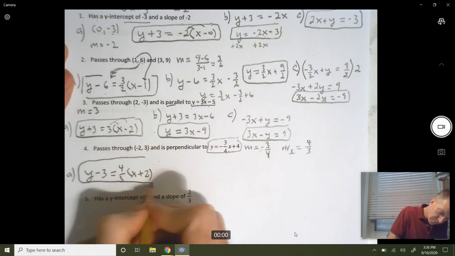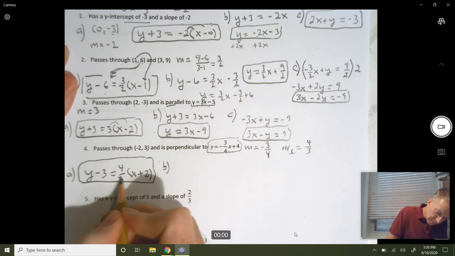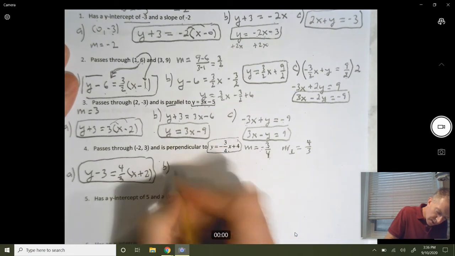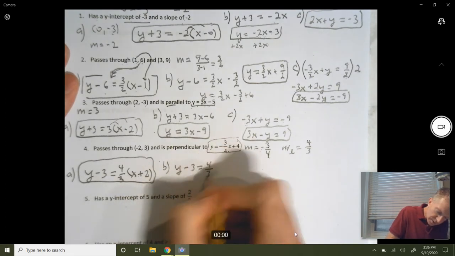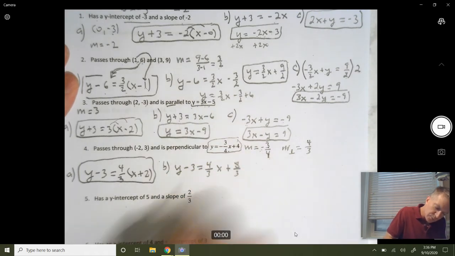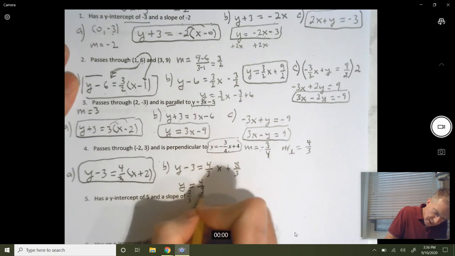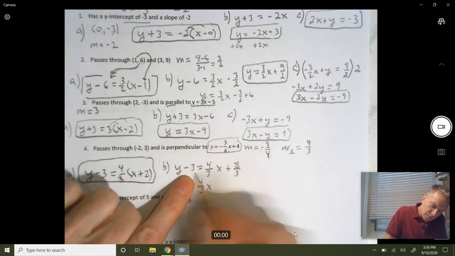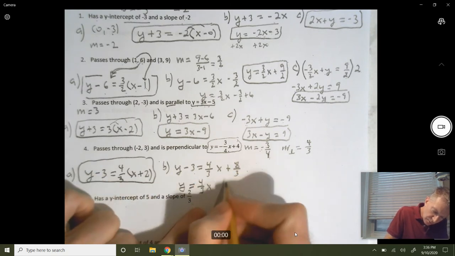There's point slope form. Part B, you have to distribute that to these terms, get the y by itself. Y minus 3 equals 4/3 x plus 8/3. Add 3 to both sides. Y equals 4/3 x. If I add 3, I'm adding 6/3, so that's going to be 14/3.